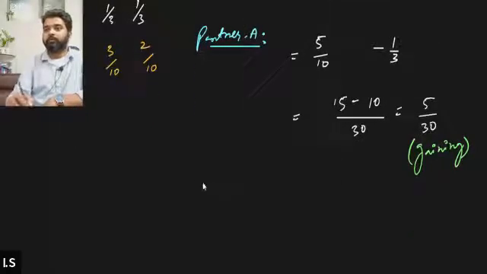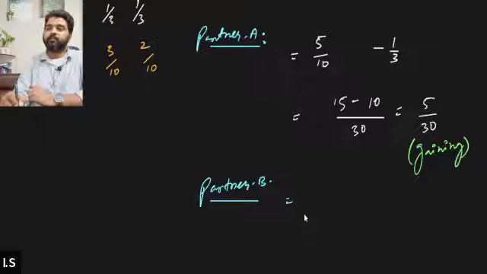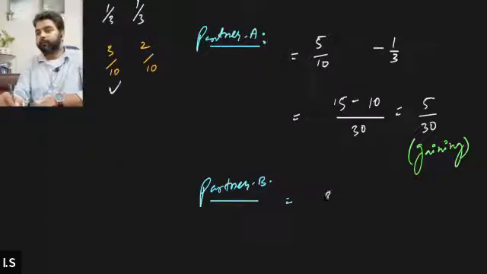Now let's find out partner B's gain or sacrifice. Partner B. For partner B, we will do the same thing. New ratio minus the old ratio. So the new ratio for partner B is 3 by 10, minus 1 by 3.